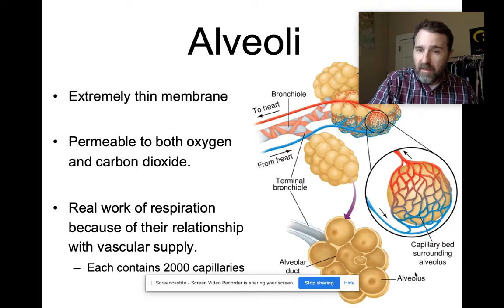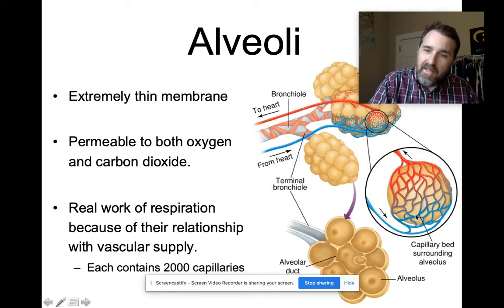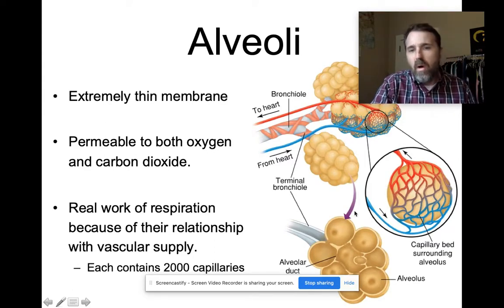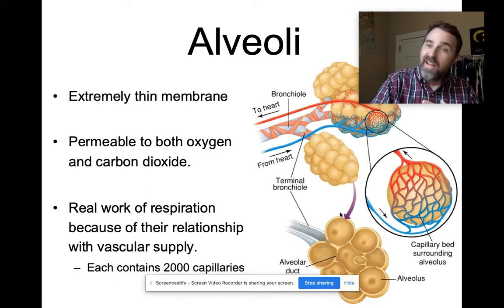So if we look at this little image right here, you have deoxygenated blood coming down to the alveoli. Carbon dioxide is moving from the capillaries through the walls of the alveolus into the air of the alveoli, alveolar air, and then the alveolar air with that extra CO2 that we need to get rid of is expelled through the respiratory system.